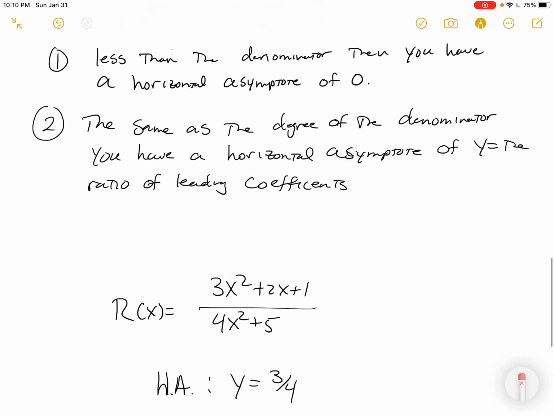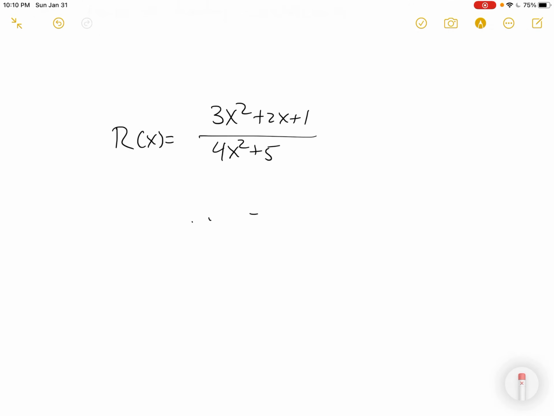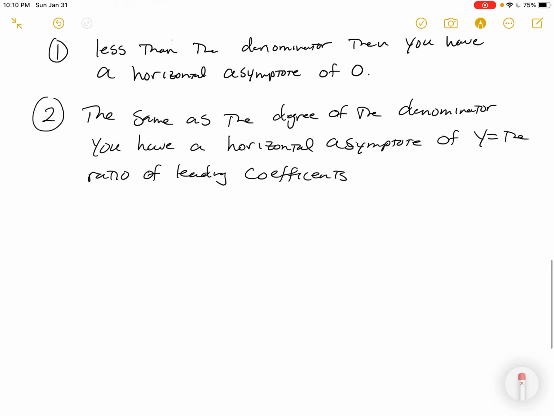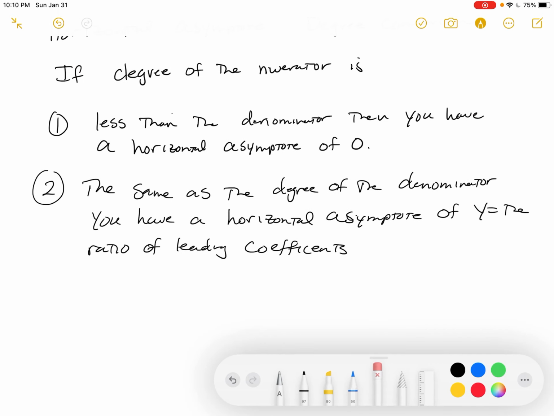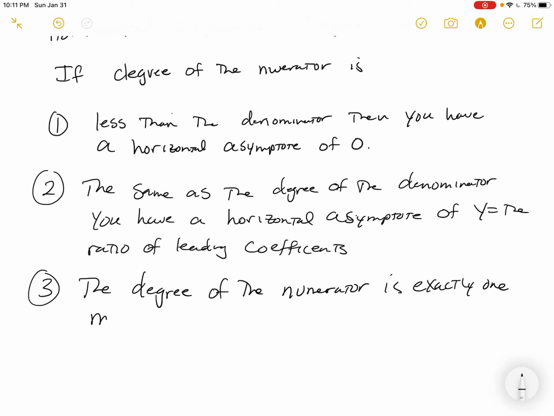The third thing that it could be is, so we have the numerator being less, we have the degree of the numerator being the same. The only other one that they care about, and again it's for calculus, is the degree of the numerator being exactly one more than the denominator.